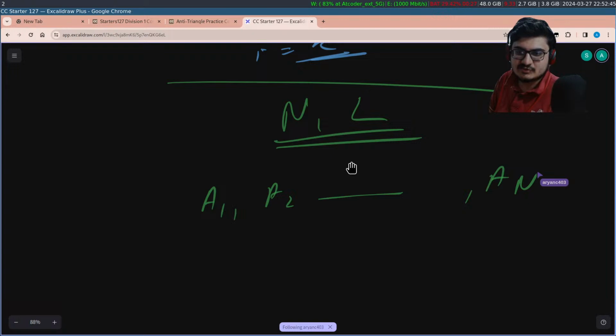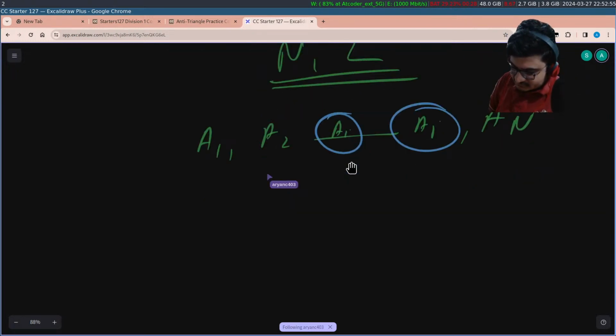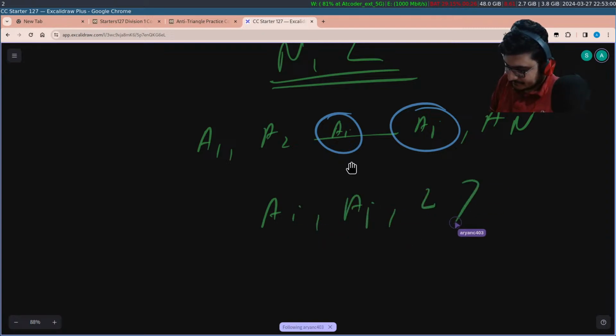Let's say we have picked these two numbers. We should try for all the possible pairs. So there should not exist a triangle with sides ai, aj, and L.